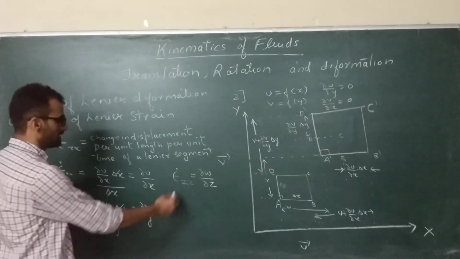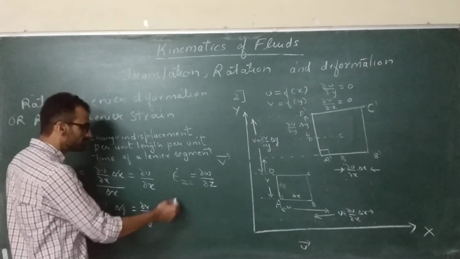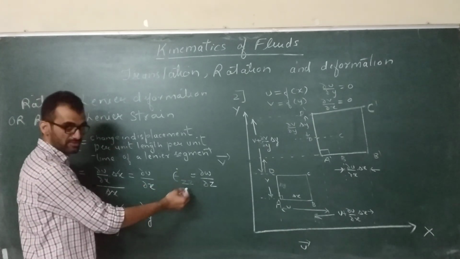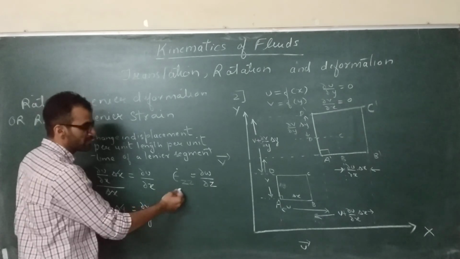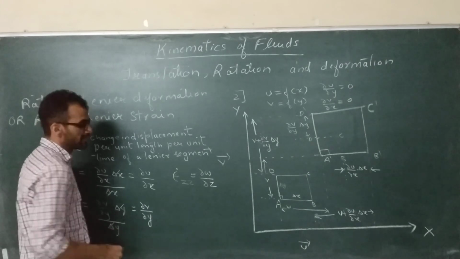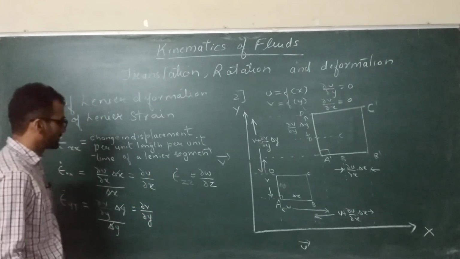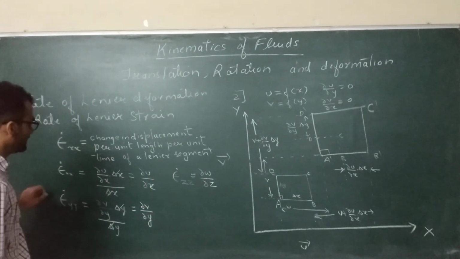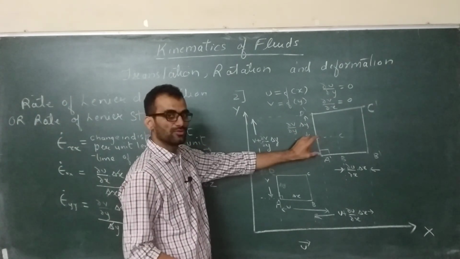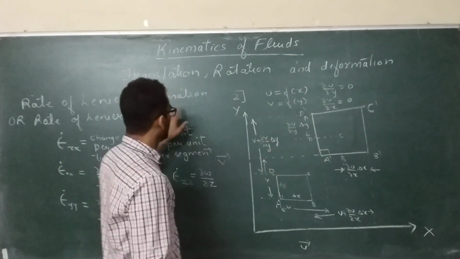If you have a motion along Z axis also such that W is a function of only Z, then you can also find out rate of linear deformation along Z axis. So in this way we get translation along with linear deformation.